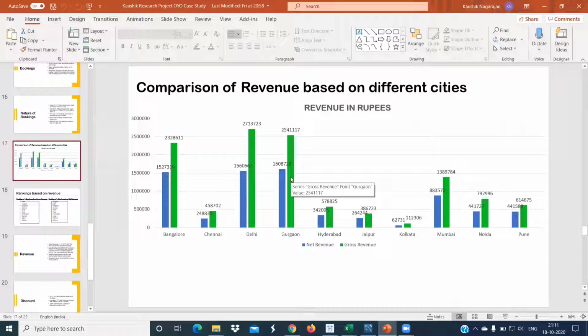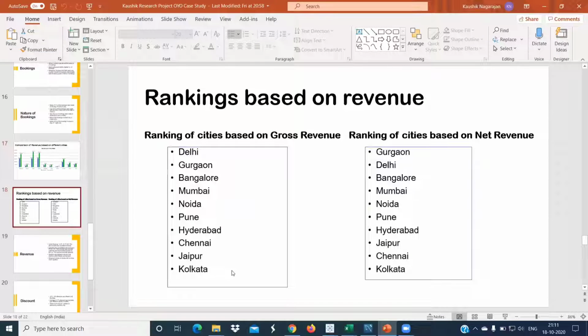That is Pune. Pune has very little difference between the gross and the net revenue, and Delhi has the largest difference between the gross and the net revenue. So these are rankings of different cities presented on the basis of gross revenue and net revenue.